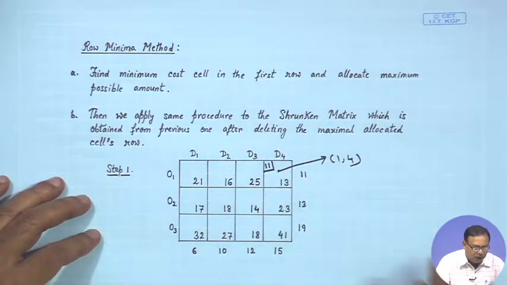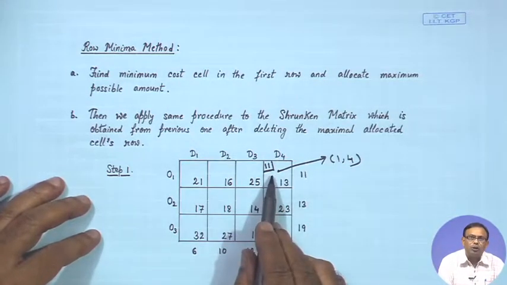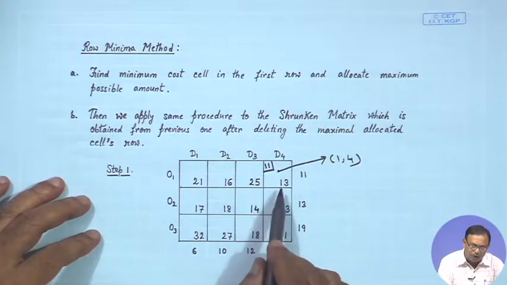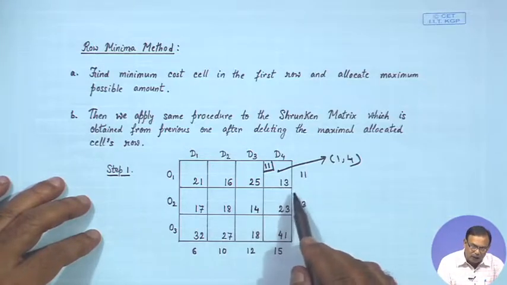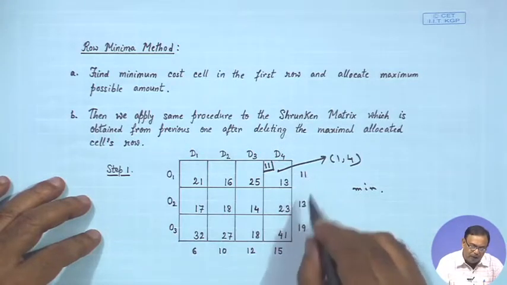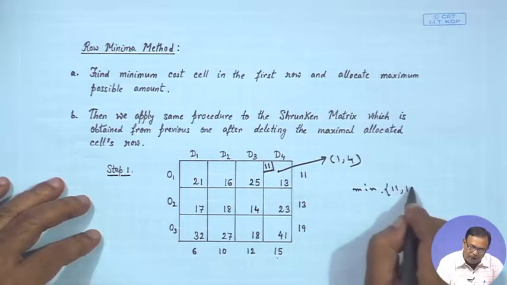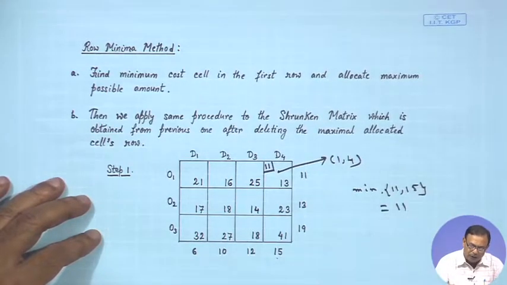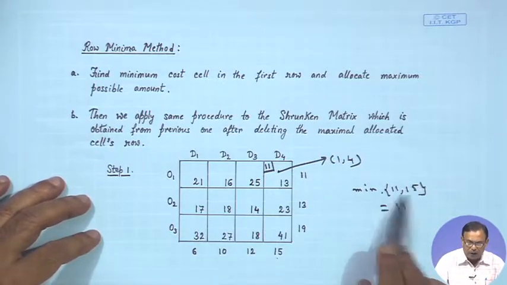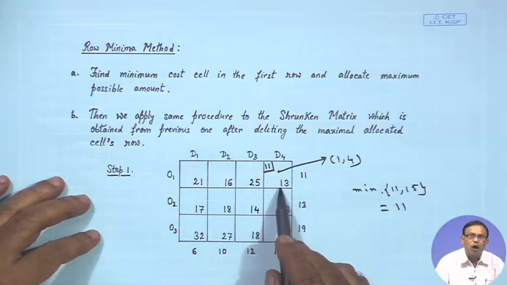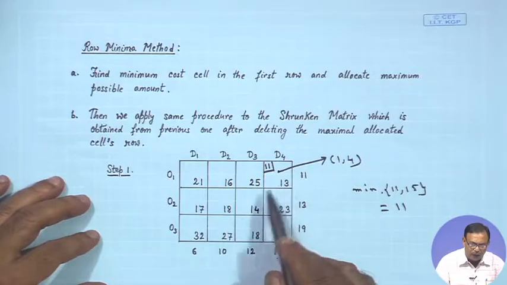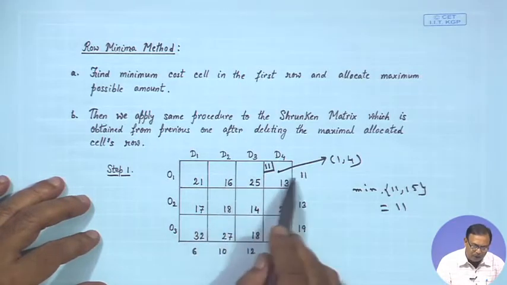In the first row you find the cell which has the minimum cost, and there you allocate the minimum of the availability and the demand, that is the minimum of 11 and 15, and you get 11. So, you are allocating the minimum of a i comma b j to the cell which has the lowest cost in the first row. Now, when I go to the next table, I will remove this particular row.